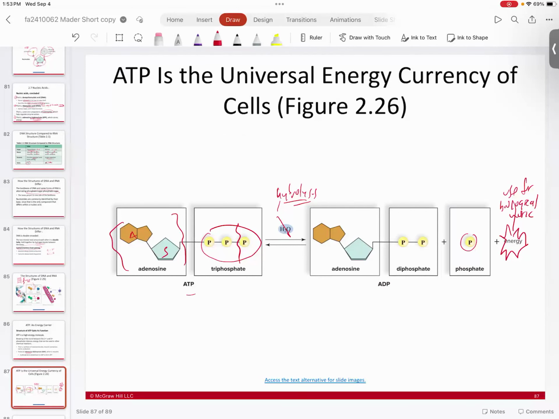And then during metabolism, you have to re-energize this, basically recharge it. And so during cell respiration, you basically go through a dehydration where you put a phosphate back onto that ADP and you regenerate ATP, okay? So you have the cycle.